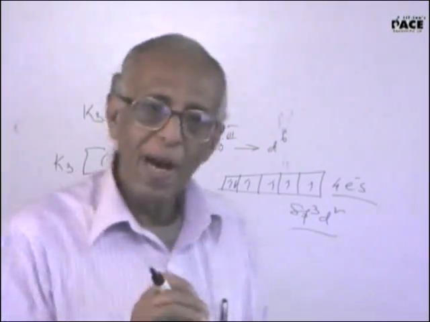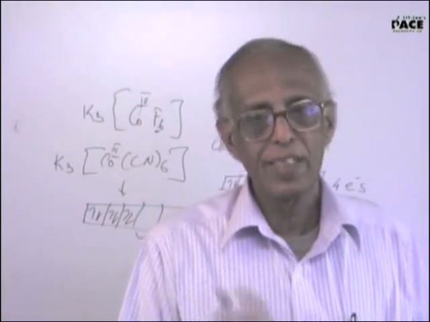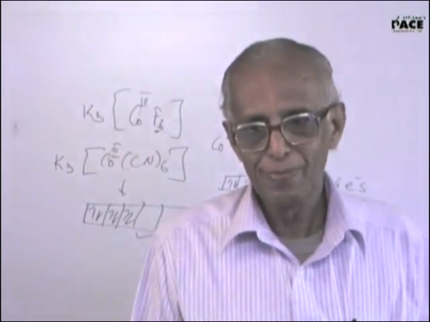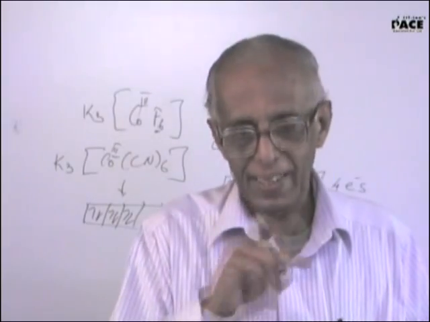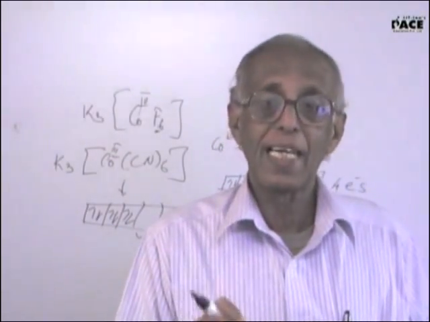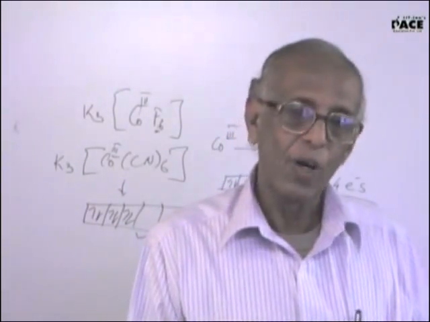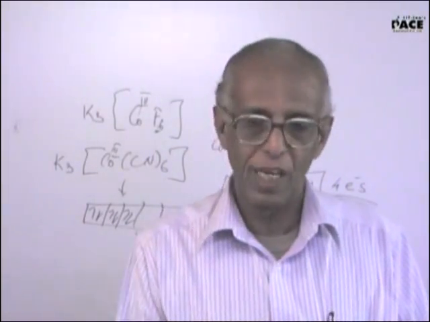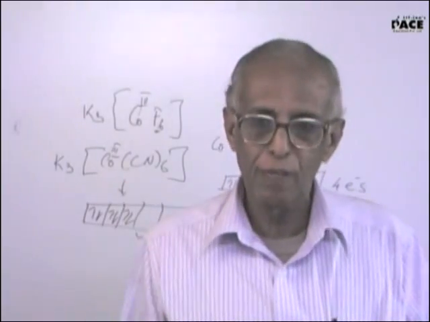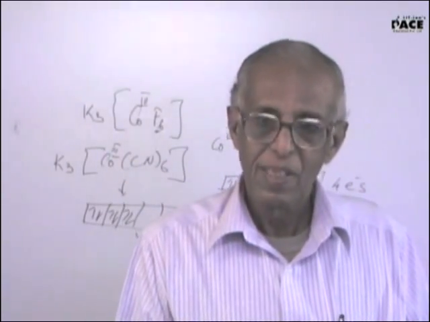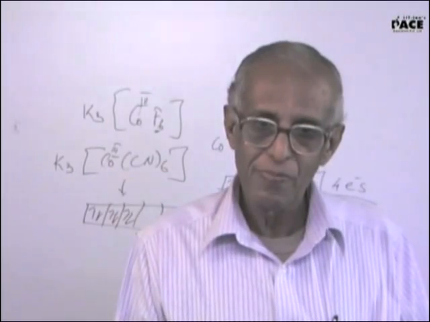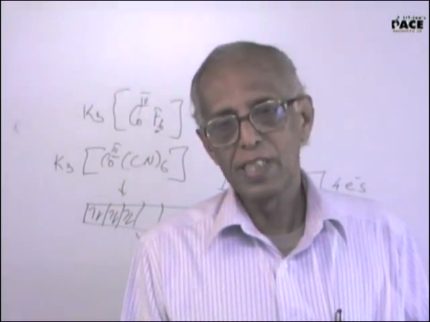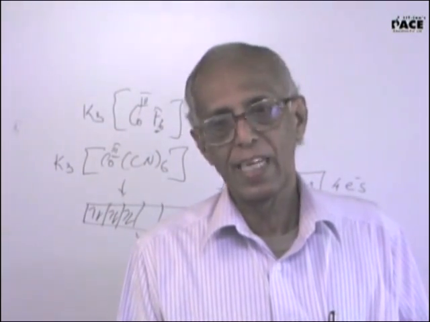So the O minus is a better electron donor than the neutral oxygen. Do you agree with me? If you have O minus, that means you have an additional electron on oxygen. And in the other case, there is no negative charge. Which will be a better donor of electrons? The one which has a negative charge. That is why only 2 oxygen donors will function as a ligand and not all 4.